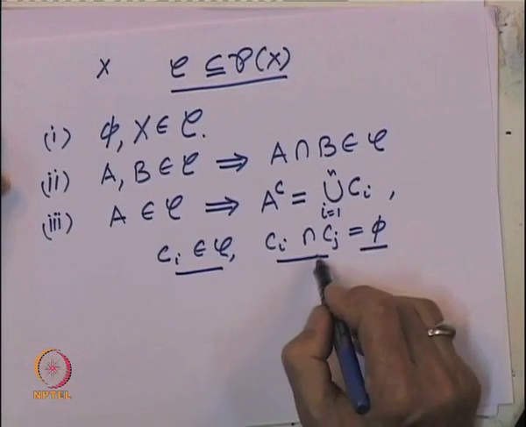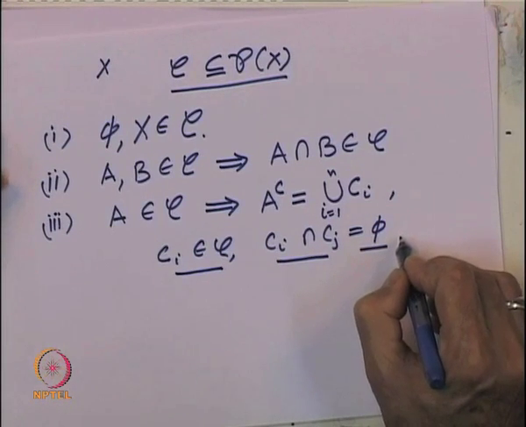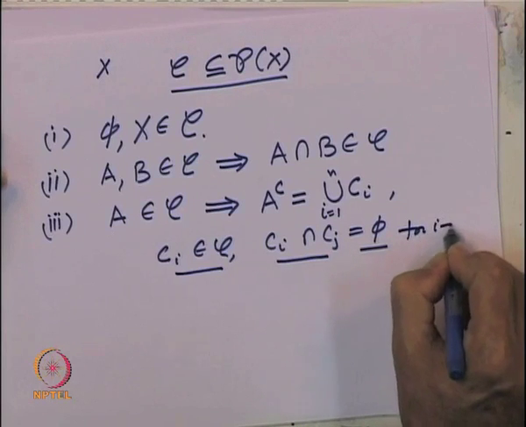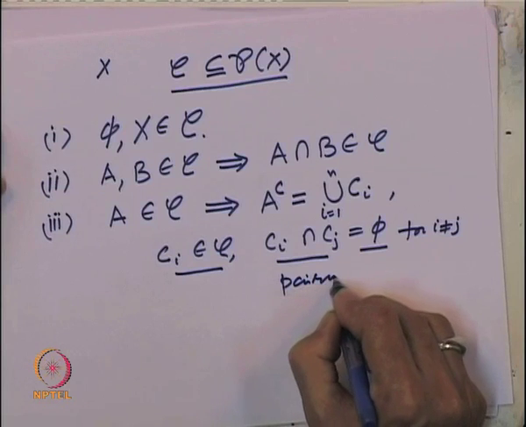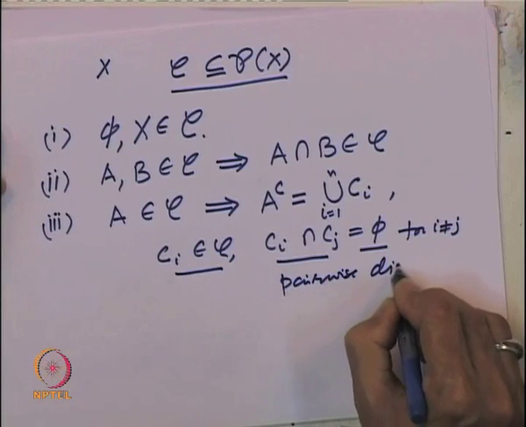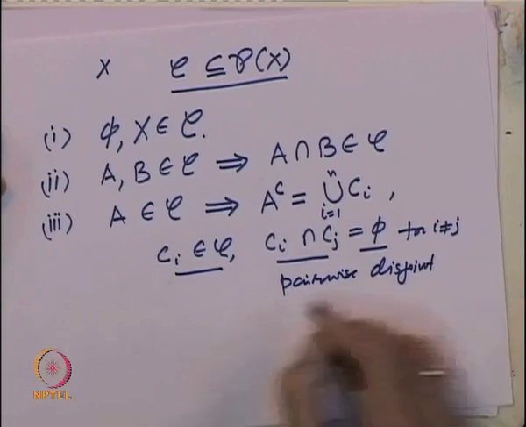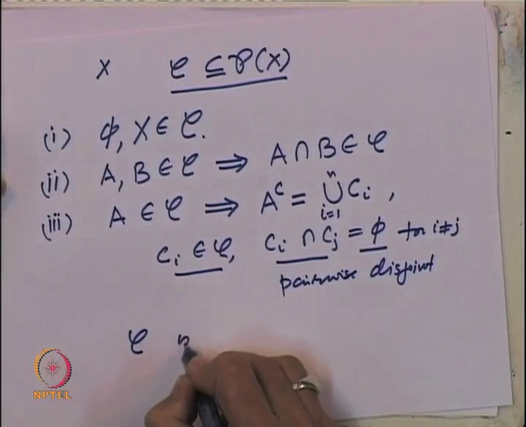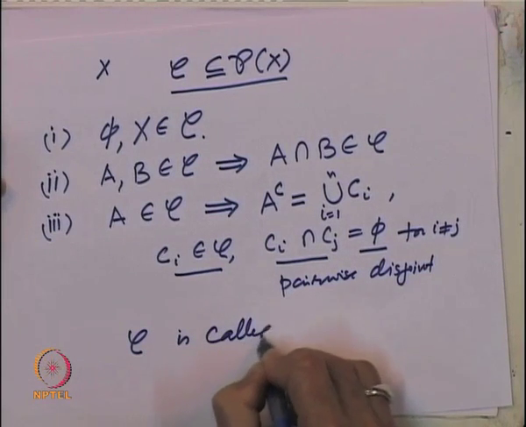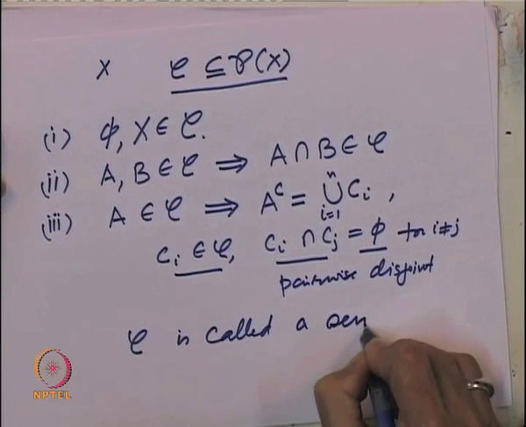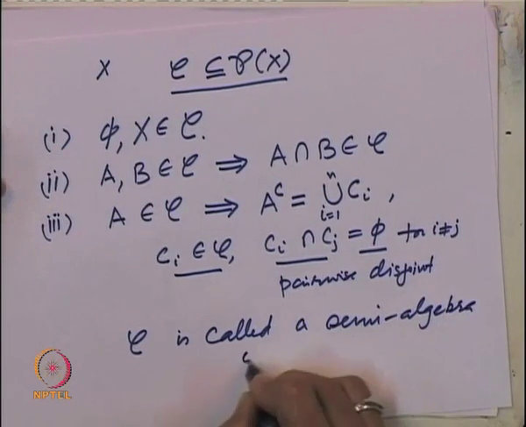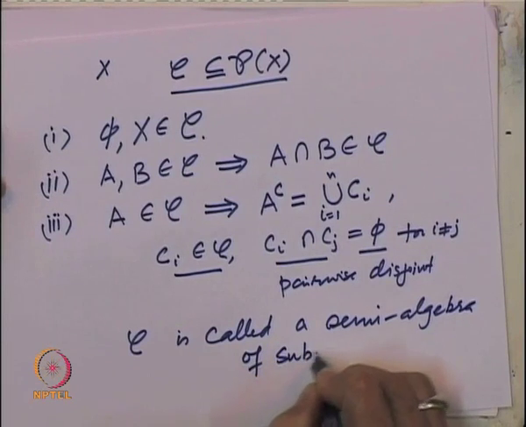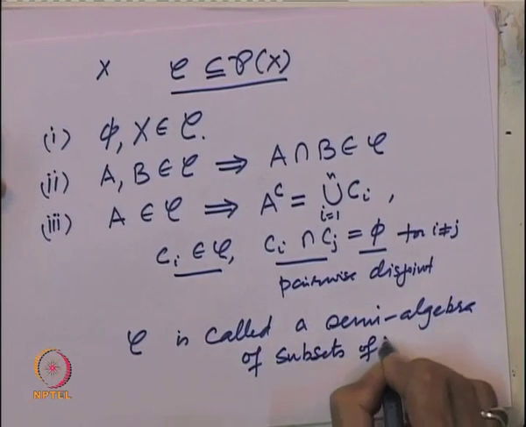That is, C i intersection C j is empty for i not equal to j; we just say they are pairwise disjoint. Such a collection C is called a semi-algebra of subsets of X.